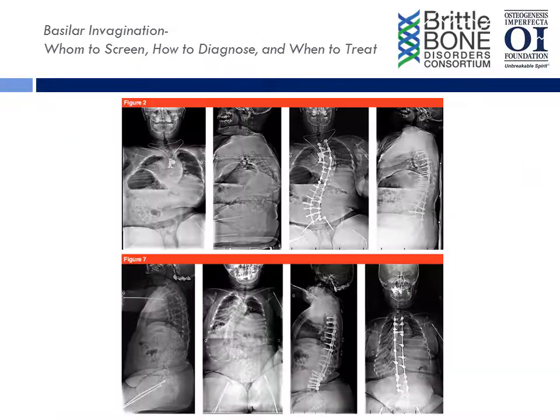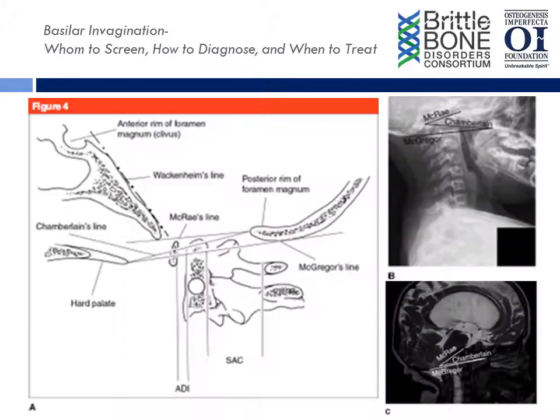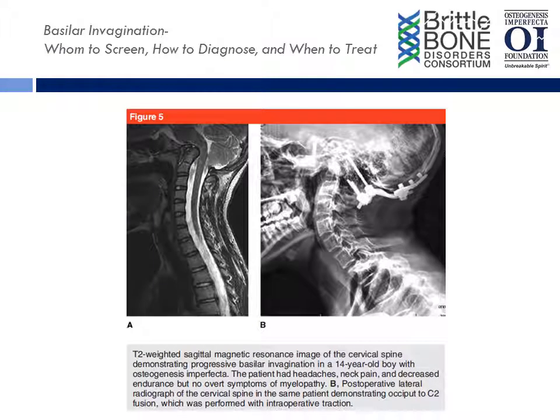Figure 2 and Figure 7 really show cases of severe scoliosis that we've treated successfully and have really helped functionally and helped the quality of life of those patients. And then finally, Figure 4, which we alluded to in the past, shows the issues with basilar invagination and some of the complex anatomy involved. And Figure 5 shows someone who was treated successfully for BI with the technique that we described.